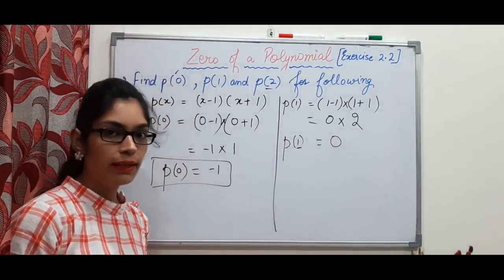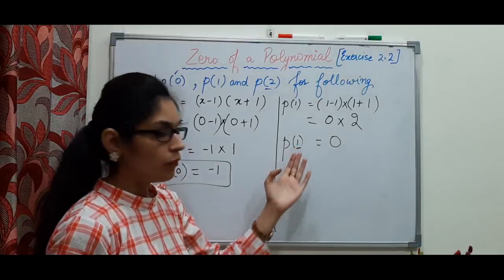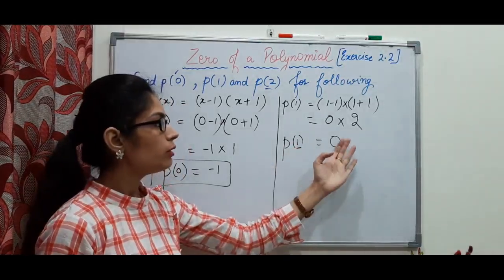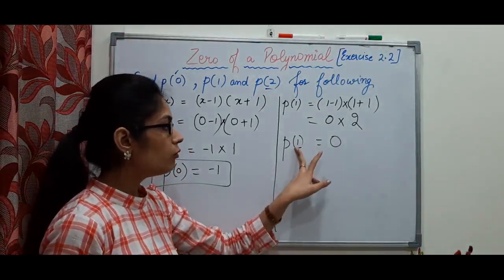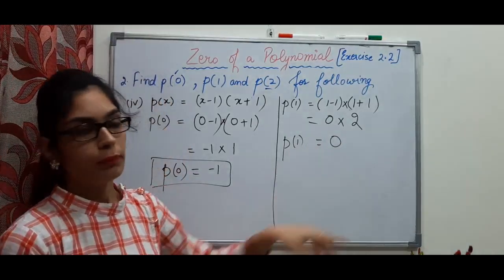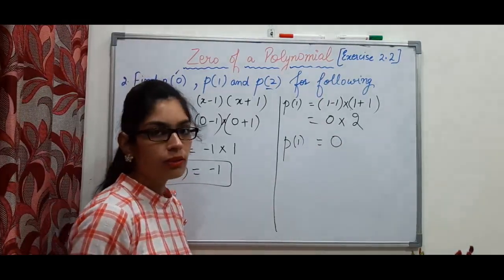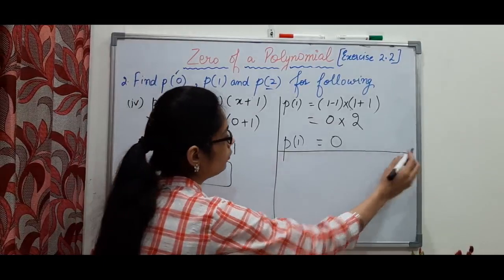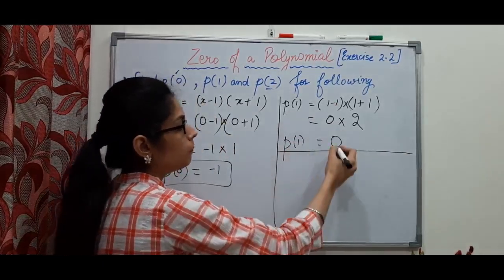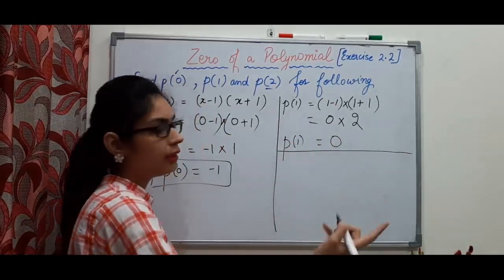I have already explained at the start that the value of the variable for which your expression becomes 0 is known as a zero of a polynomial. But this is not asked in the question, you just have to find the value.